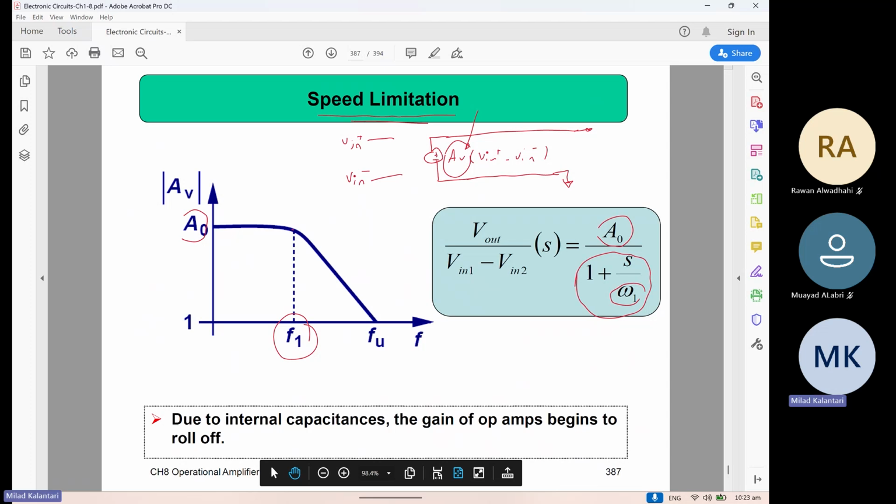The pole means it is like a first order circuit, right? After reaching the pole, the gain starts dropping. So this is also the case for op amps. And this limit for the pole comes from the internal capacitances of the device.